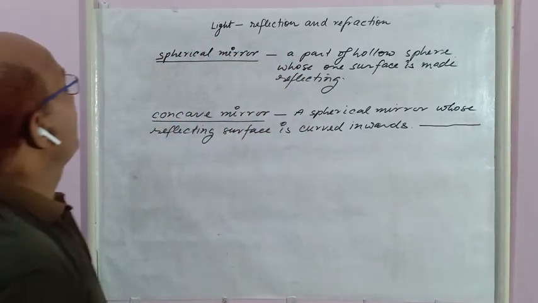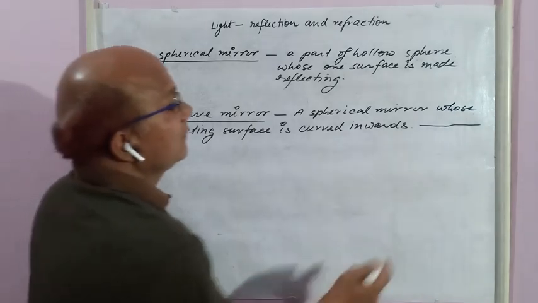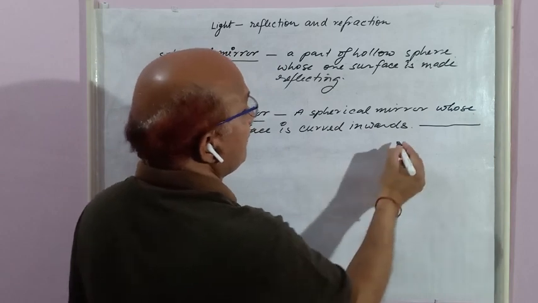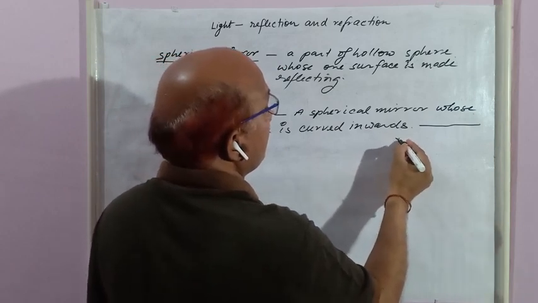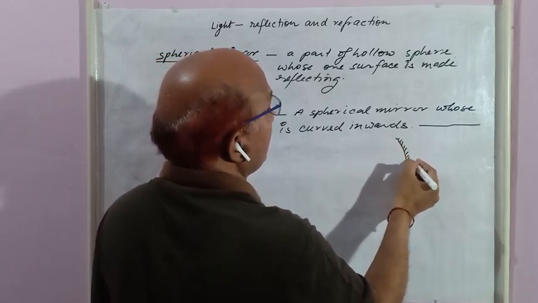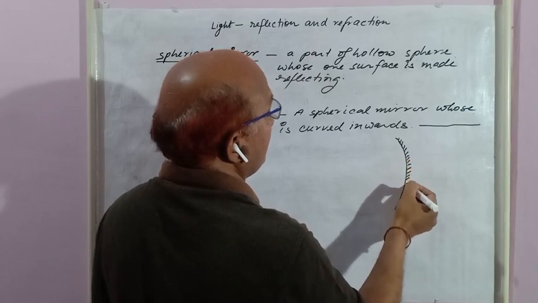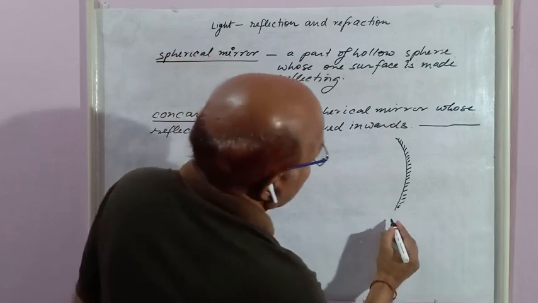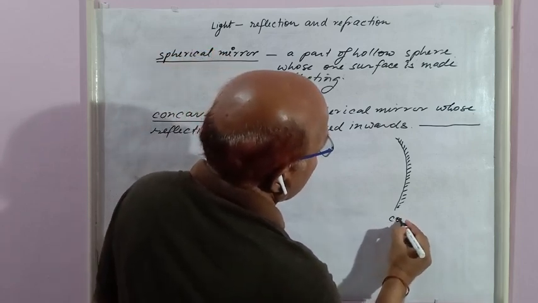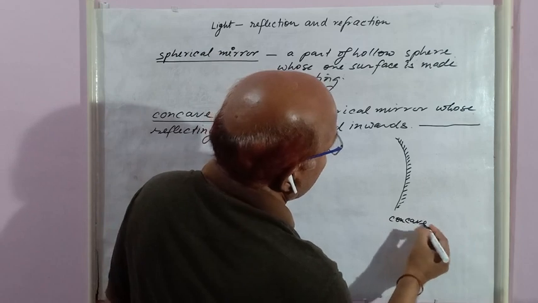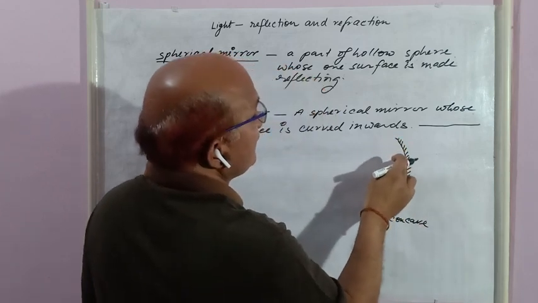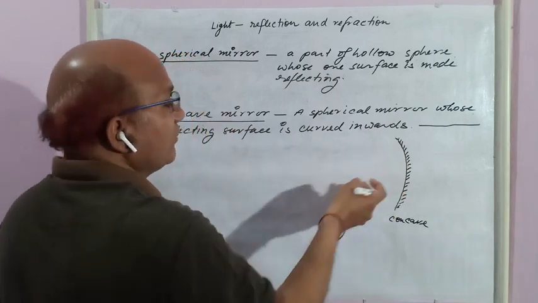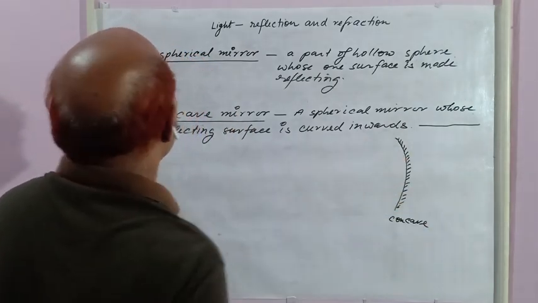Okay. You can see with the help of diagram. This is concave mirror because this surface is reflecting and it is curved inward, so it is concave mirror.